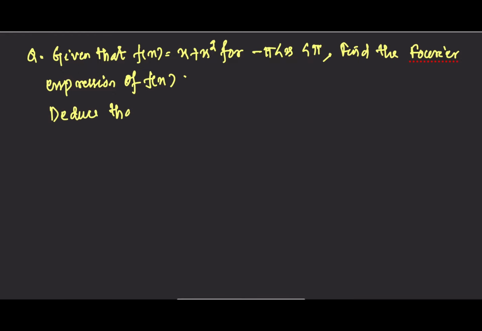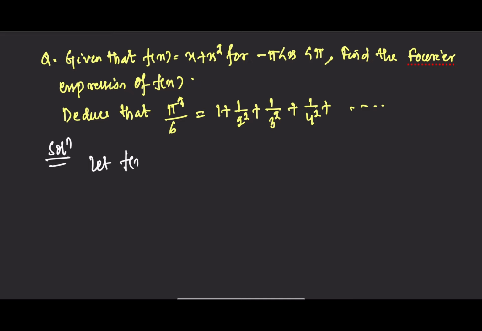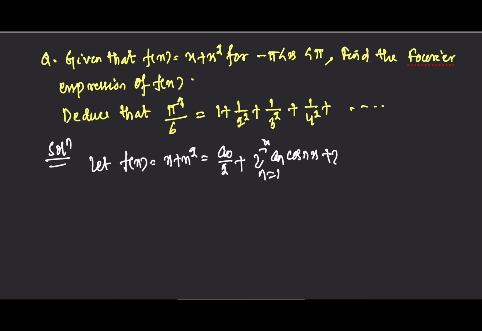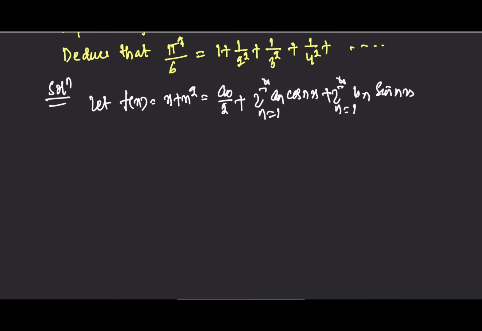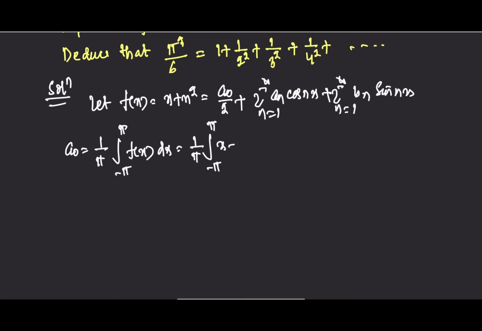Okay. Next question is, let f of x equals to x plus x square equals to, we know the Euler's formula for a0, that is a0 equals to, here the function is x plus x square.